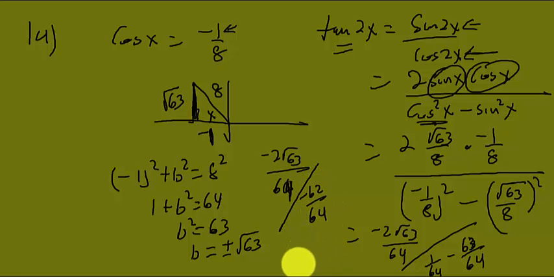That gets flipped, so the 64s will cancel out. I get negative 2 rad 63 over negative 62. Two negatives become positive. Of course, 2 will reduce this 62 to 31.